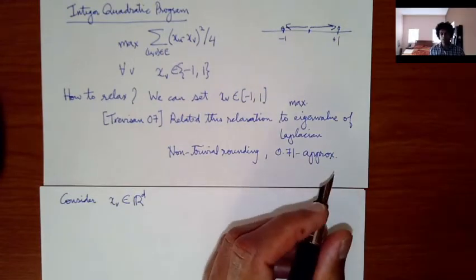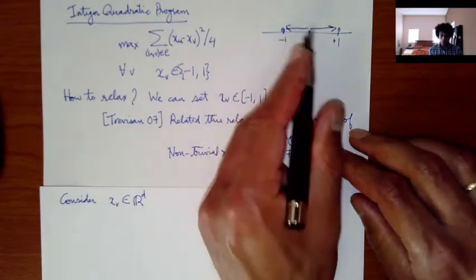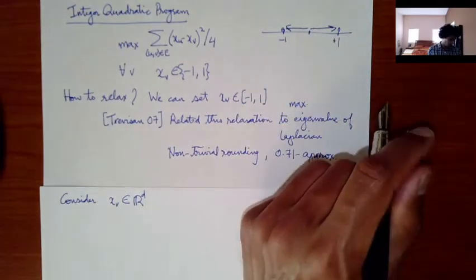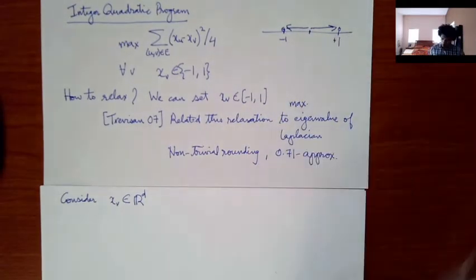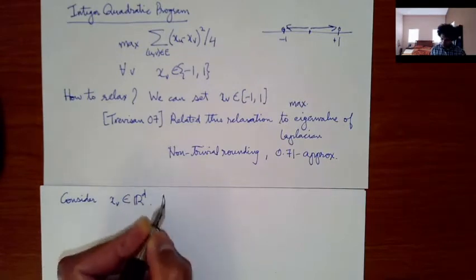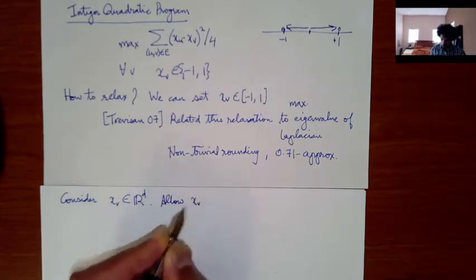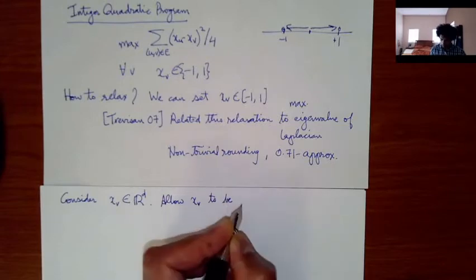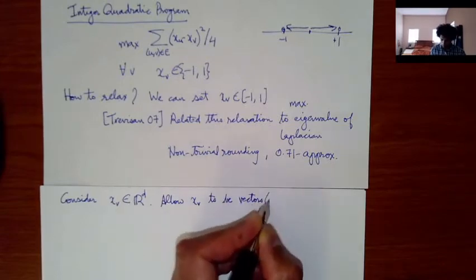One way to relax this would be to allow the vectors to be in higher dimensional space. So what they do is allow xv to be unit norm vectors.